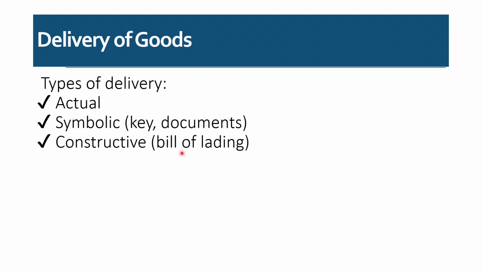Here the seller acknowledges that goods are now held on behalf of the buyer even without physical movement. For example, a courier company confirms they are now holding a parcel for the buyer. Now, understanding these types of delivery helps us determine when possession transfers, which is crucial for deciding rights and liabilities of both the parties.